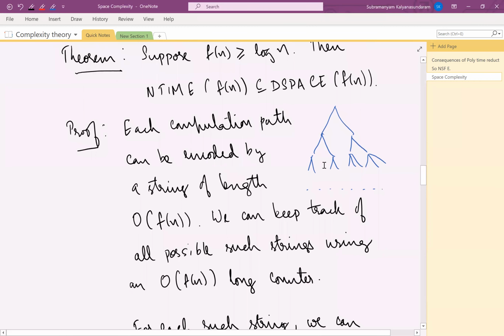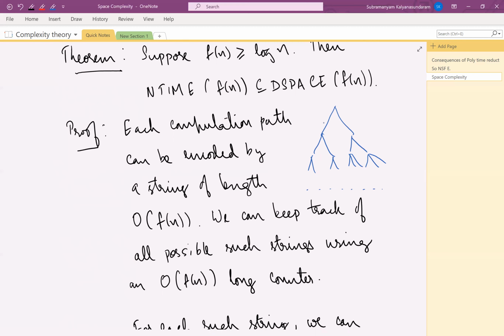So there is a computation tree that I have drawn. Consider a language L that is in NTIME(f(n)). That means it has a non-deterministic Turing machine that decides that language in time order f(n).